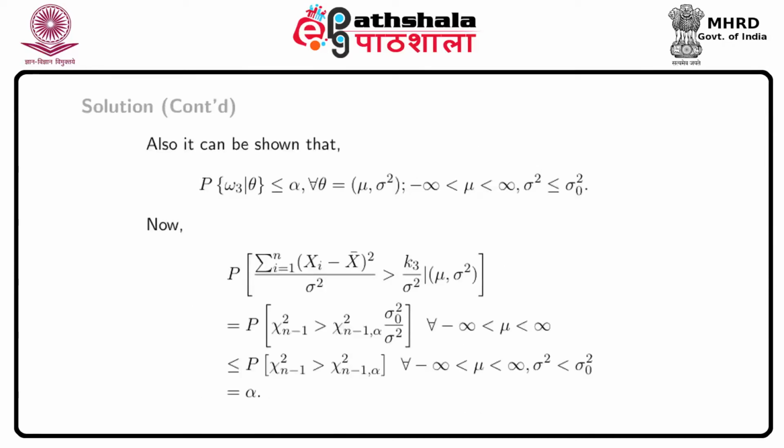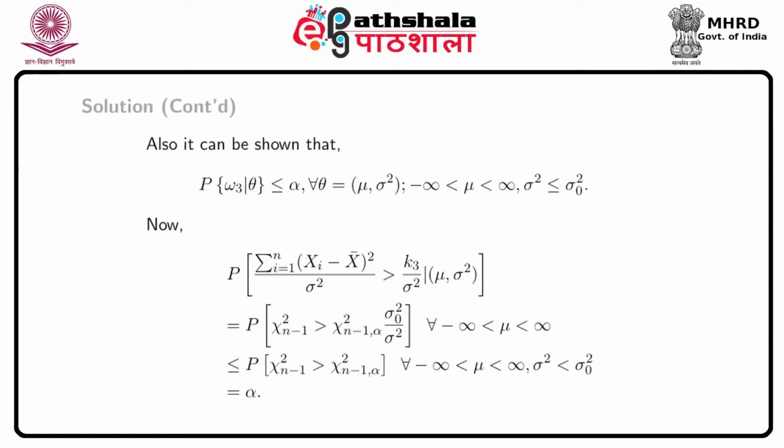Also, it can be shown that probability under theta of W3 is less than or equal to alpha for all theta equal to mu sigma square such that minus infinity less than mu less than infinity and sigma square is less than or equal to sigma naught square.